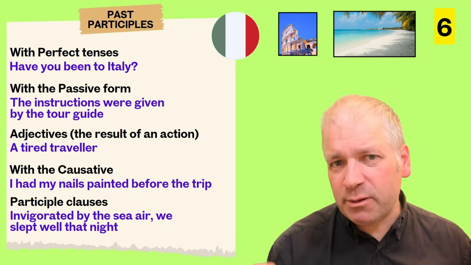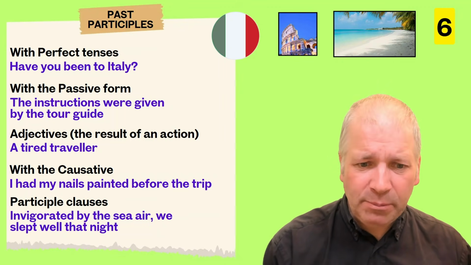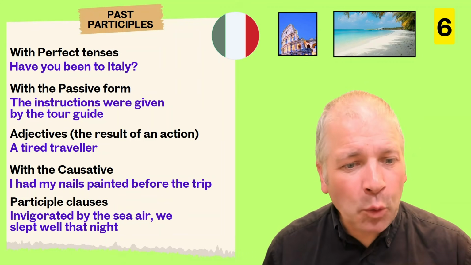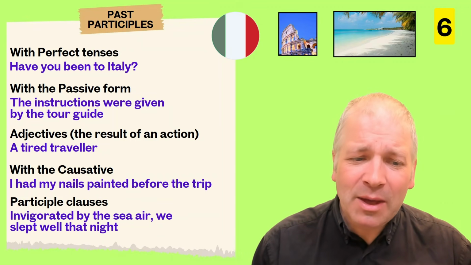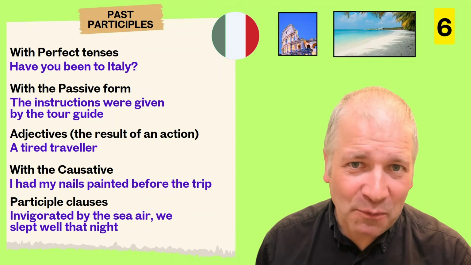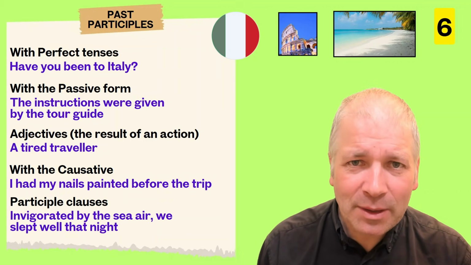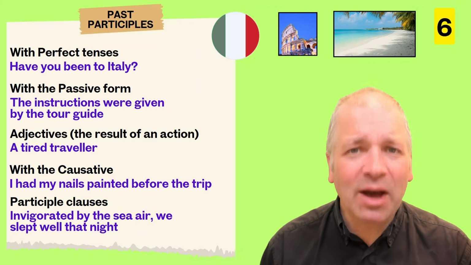So given is the past participle, and we use it to make the passive, the verb to be, then the past participle. Past participles can also form an adjective, and here if you use them, it means the result of an activity. So if you say, I am a tired traveller, then the result of travelling made me tired.